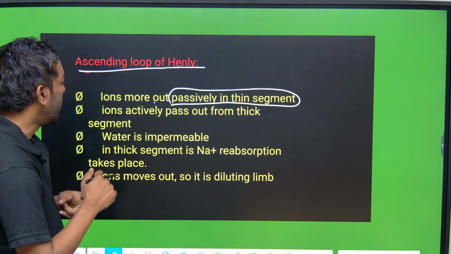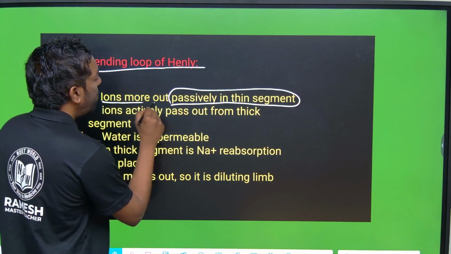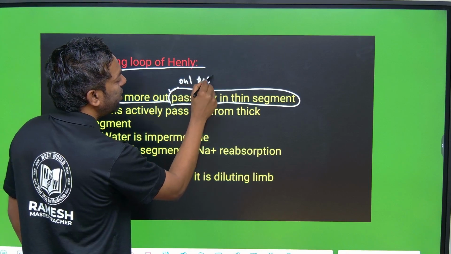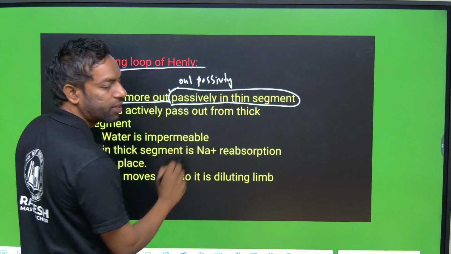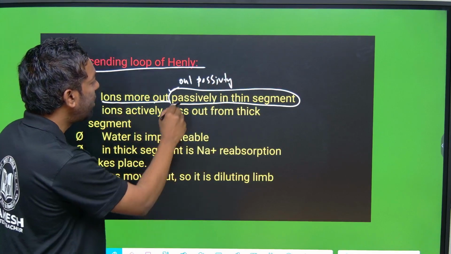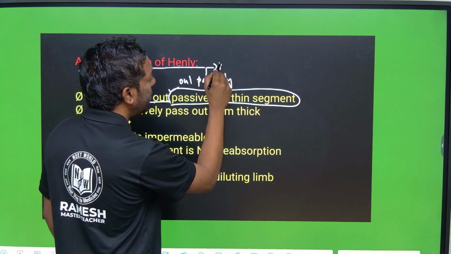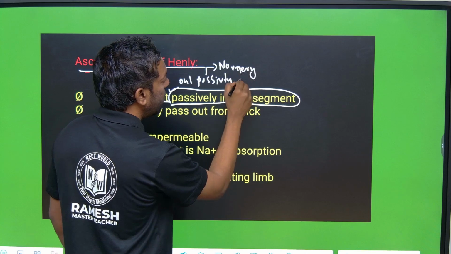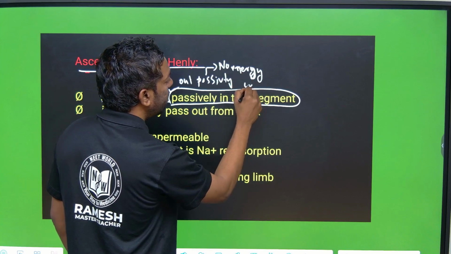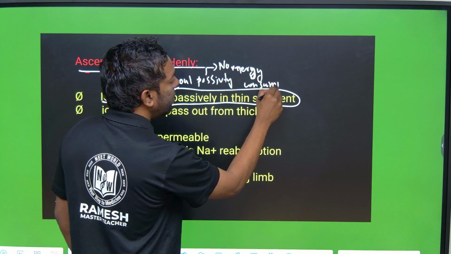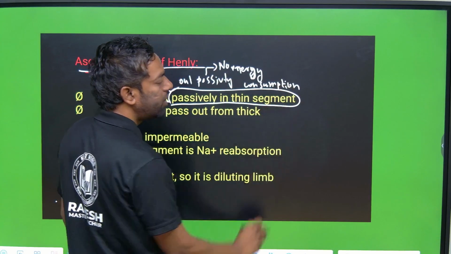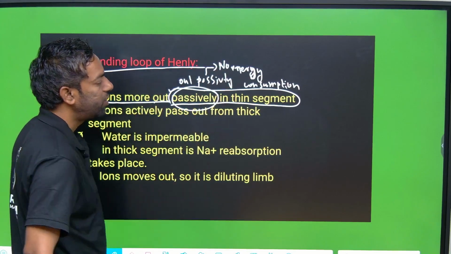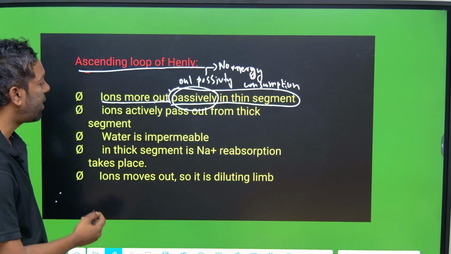Ions move out passively, we are going to discuss that next. Passively means there is no energy consumption. That is what we call passive, passive movement of ions out.